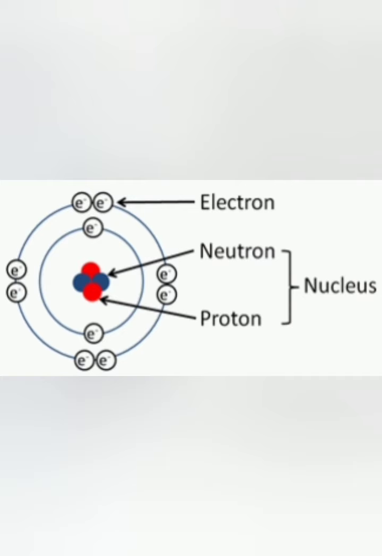The maximum number of electrons in each shell is given by 2n squared, where n is the principal quantum number. A subshell can accommodate 2 into (2l plus 1) electrons, where l is the orbital quantum number.